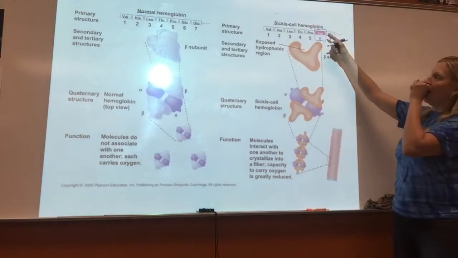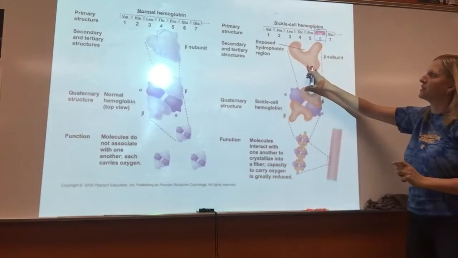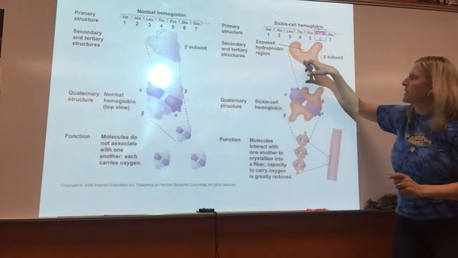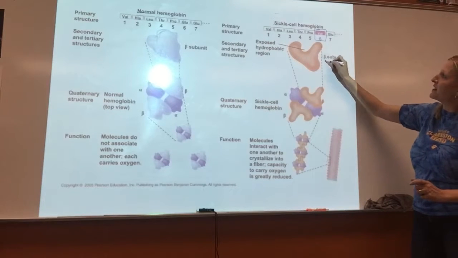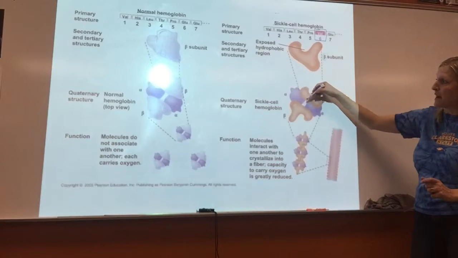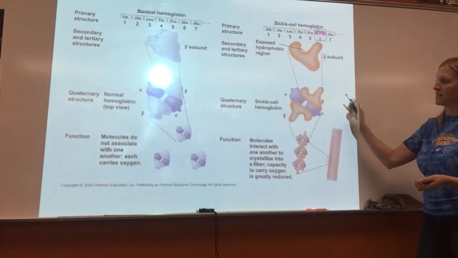And so now, when these chains do the alpha helix and bend and so on to give it its tertiary structure, it has a different shape than what it's supposed to be. Both of the beta subunits are made this way. These other subunits are made okay, but unfortunately half the molecule is abnormal now and has a different shape.